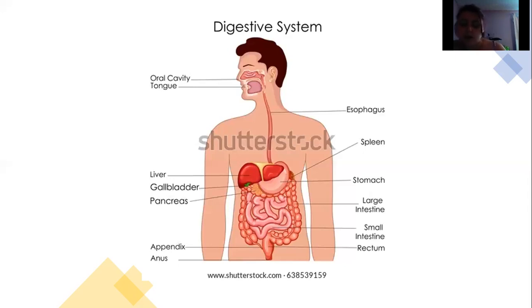The gastric juices contain hydrochloric acid to aid digestion and destroy bacteria, water, mineral salts, enzymes, and intrinsic factor to allow absorption of vitamin B12.